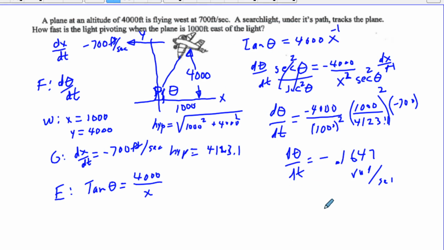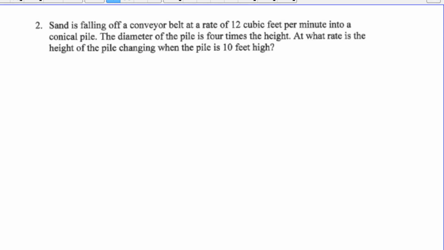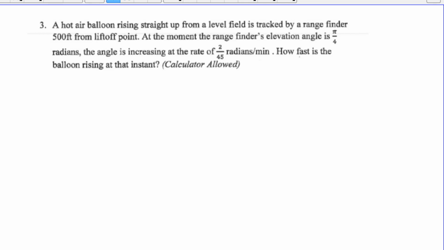So anyway, this will be our answer here. And that's as far as I want to go today.